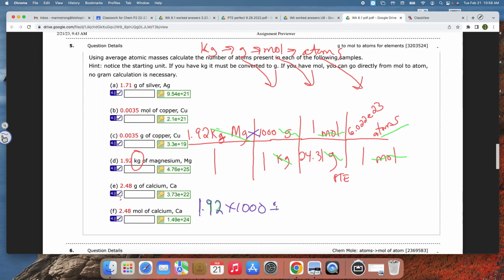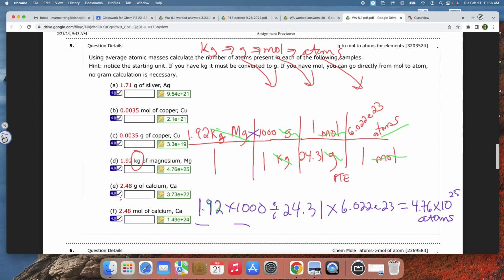Then the next number is on the bottom, so it'll be divided by 24.31. Again, I would do that number times that number, hit enter, divided by 24.31 because it's on the bottom, and I would hit enter. And then the last number I'm going to multiply because it's on the top. And we should get 4.76 times 10 to the 25th atoms of magnesium.